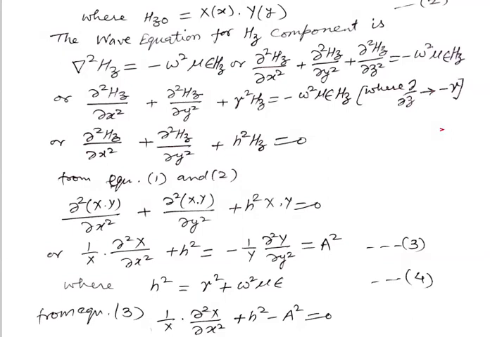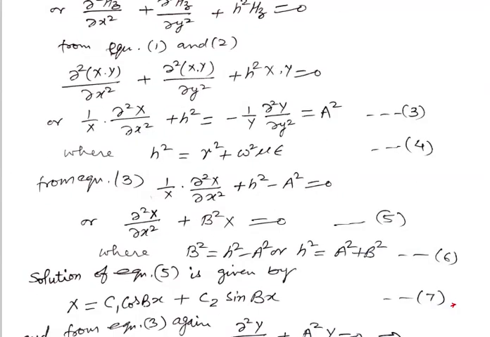In this equation number 3, both sides of the equation are a function of only one coordinate. That is, the LHS is a function of x coordinate only, the RHS is a function of y coordinate only. Since both sides are equal, this is possible if we take both sides equal to a constant, which we have assumed here as a square.